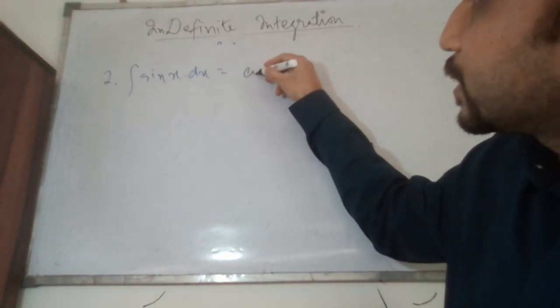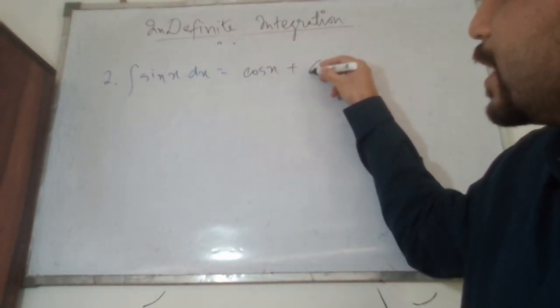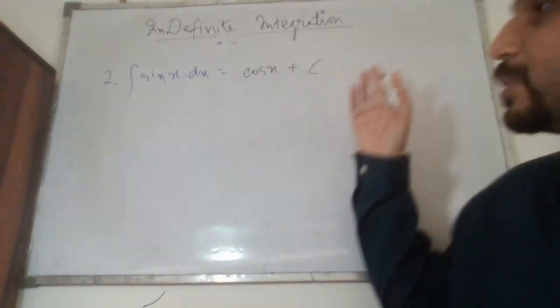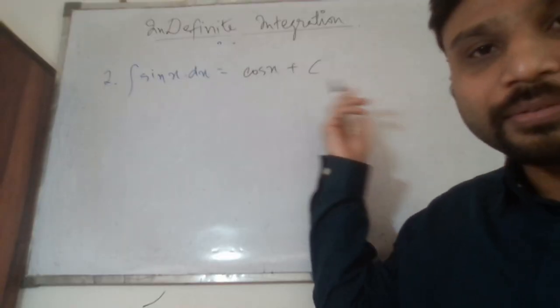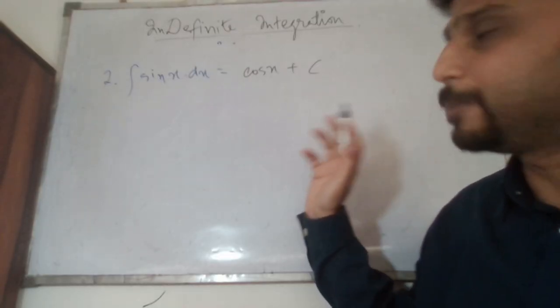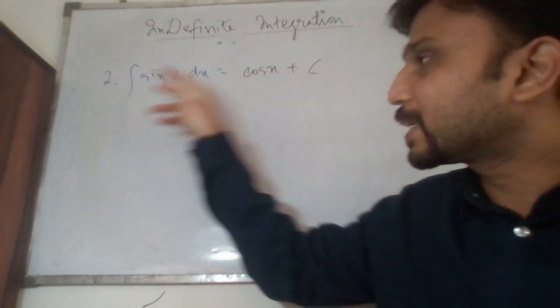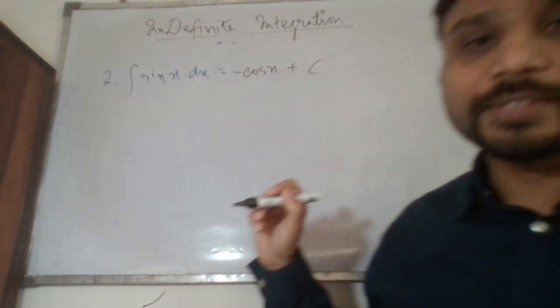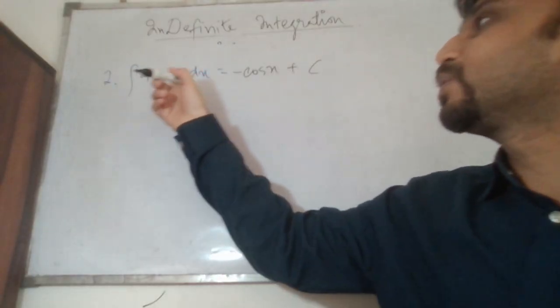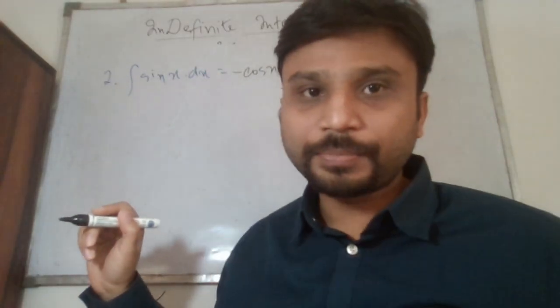So we know that differentiation of cos x gives sin x. C you already know, C is constant of integration. So the value of C we'll have to just put as C only. Differentiation of cos x is minus sin x. So we'll have to anticipate that and put a negative sign here. So that means integration of sin x is minus cos x.